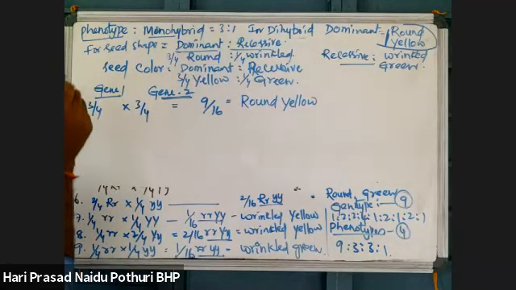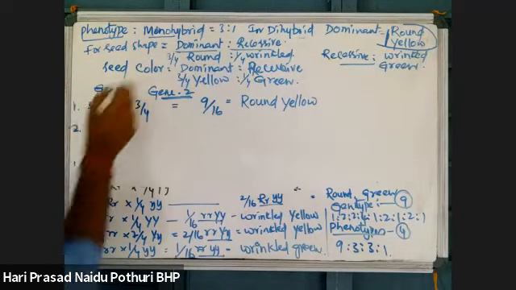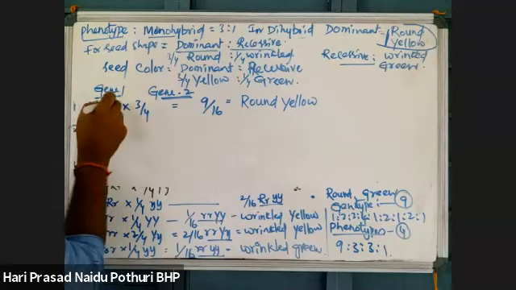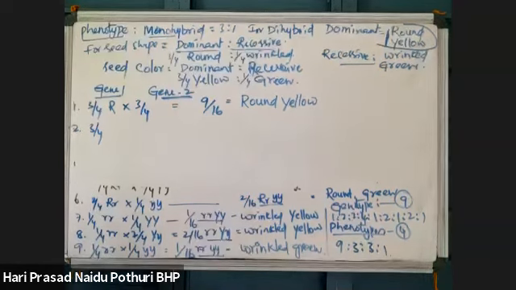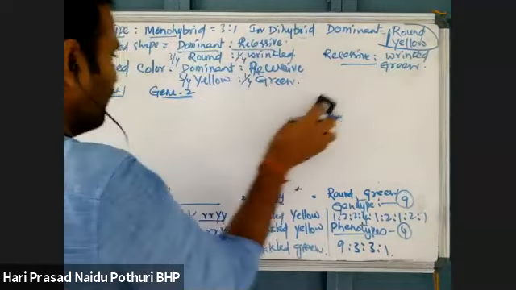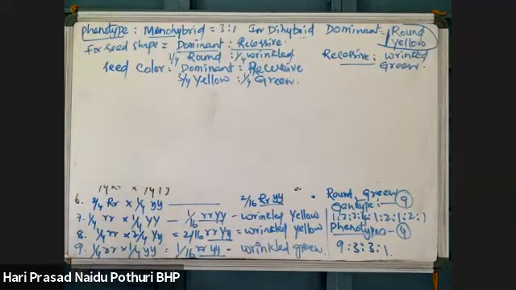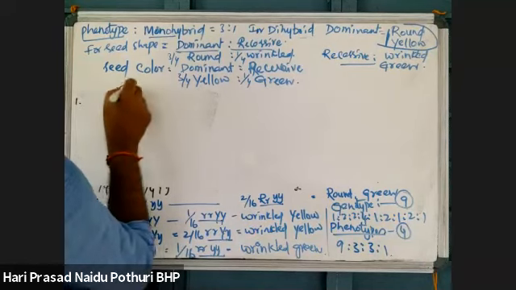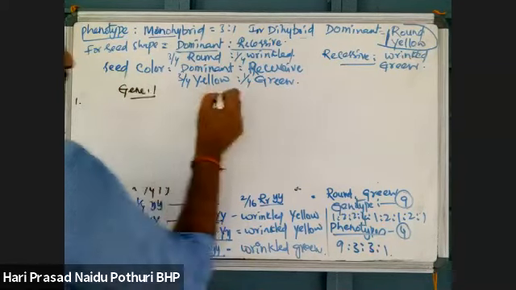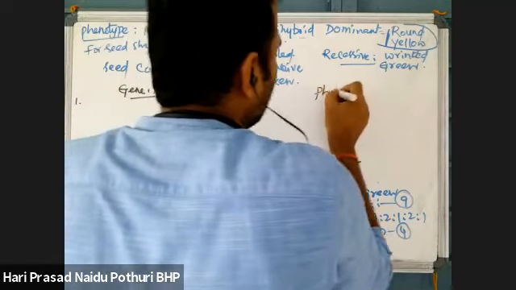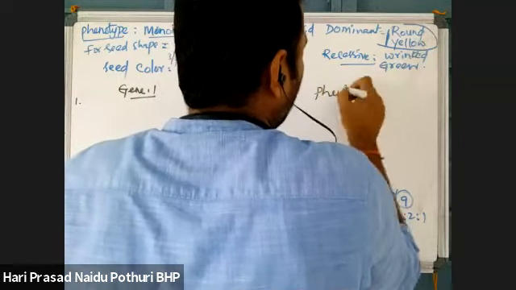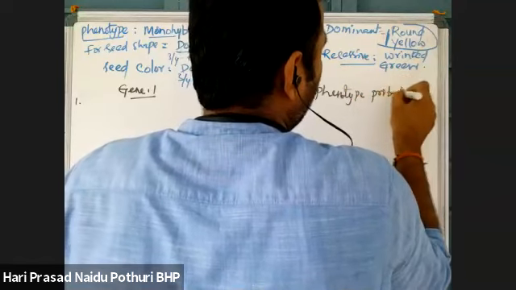And for the second gene, same 3/4 round. Right? I will write clearly, clearly means the colors also I will write. Then you can understand better. First case, gene 1, gene 2, and phenotype probability.